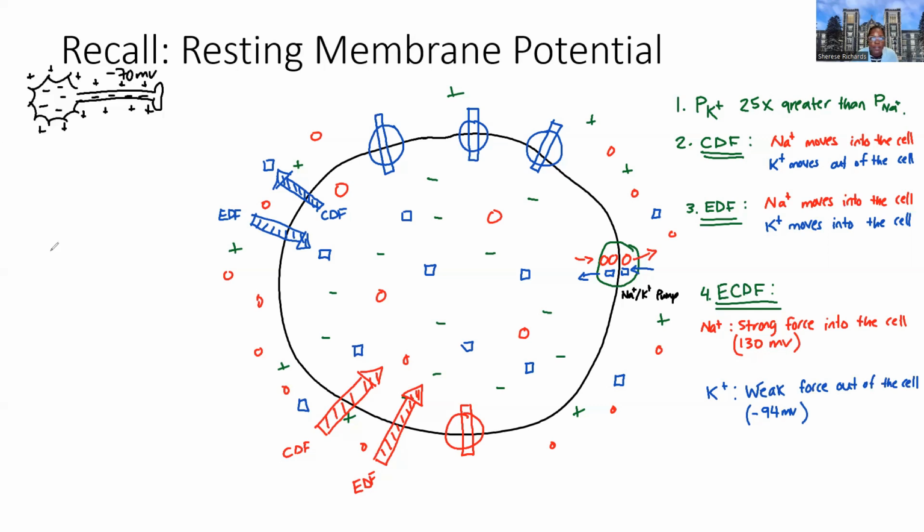Actually, I'm going to re-say this here. Let me correct this. This should be -24. So this is basically the distance between potassium's equilibrium potential and the resting membrane potential.